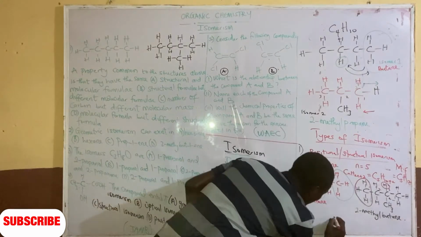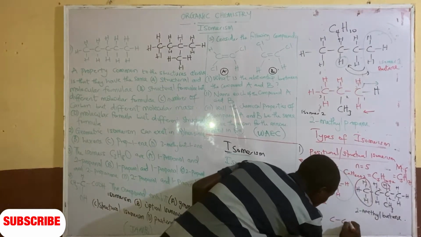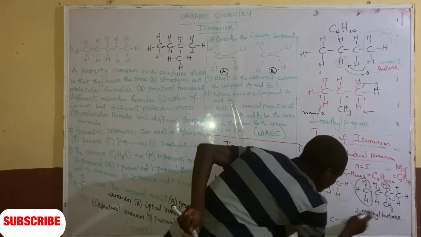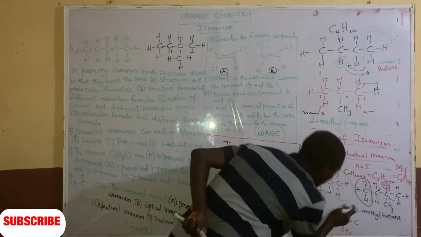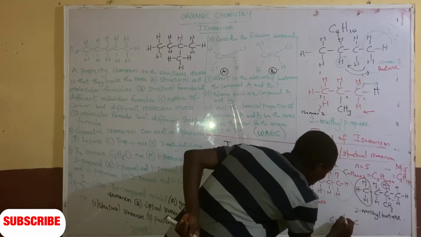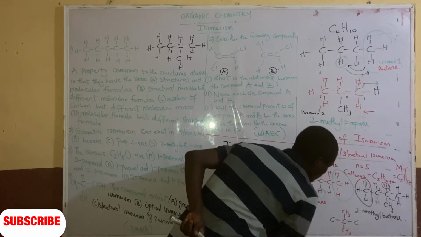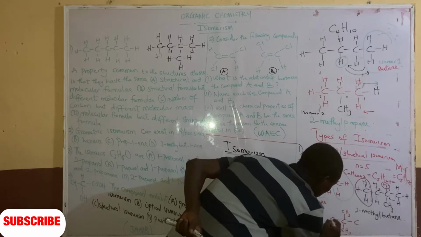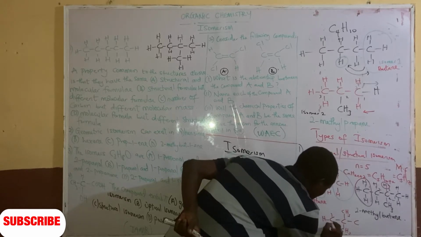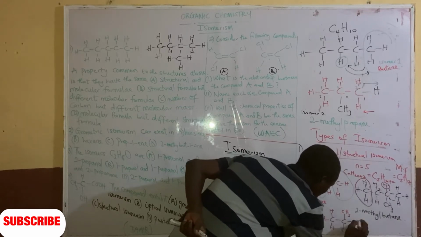So I'm going to have C. Now I am having a methyl here already, so the methyl that I'm bringing in now, I'm placing it here. Then I can fill the rest with hydrogen.